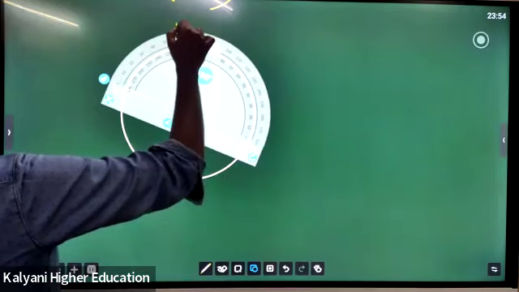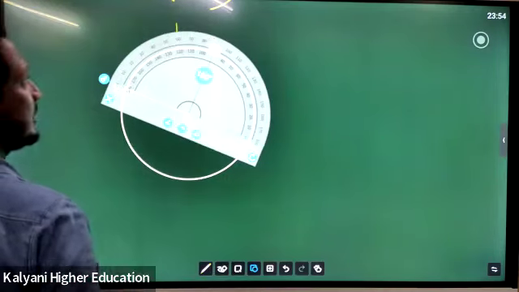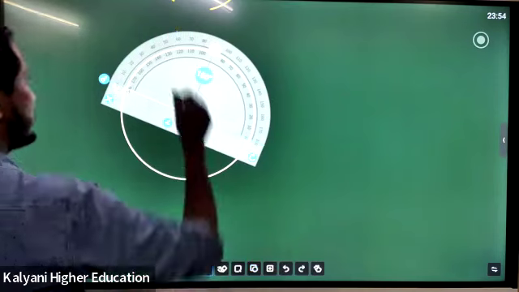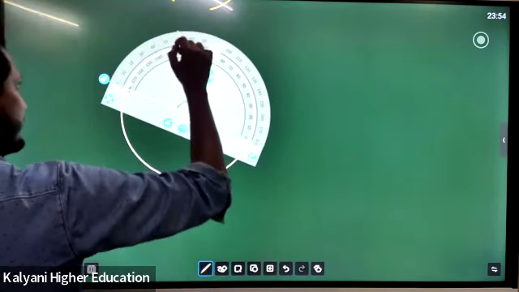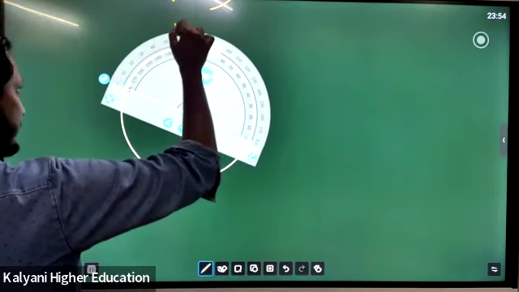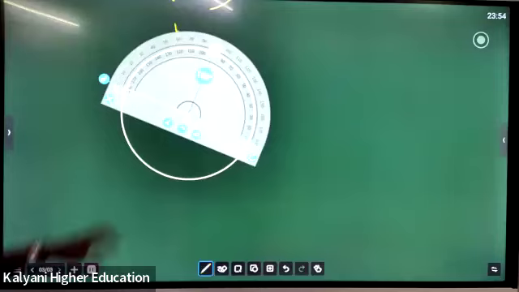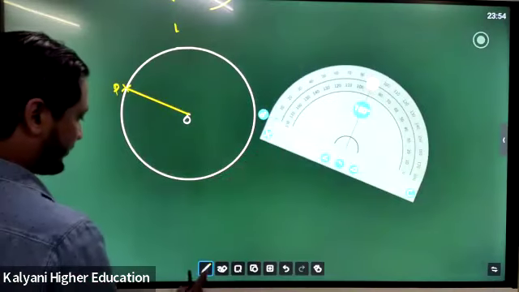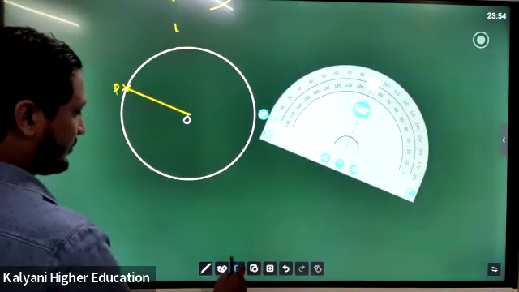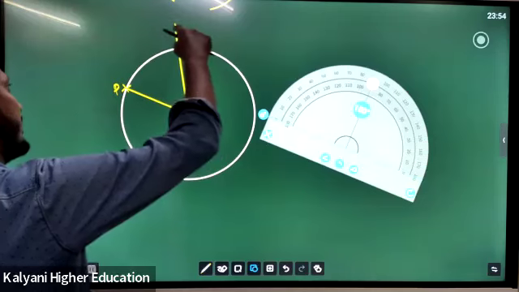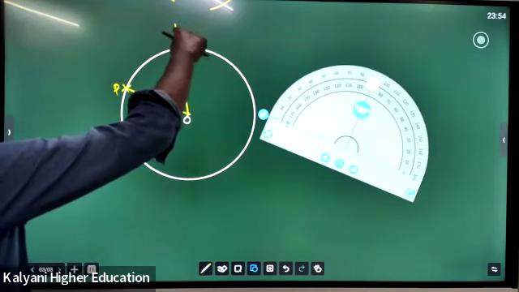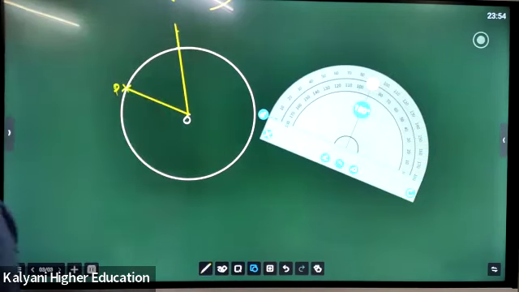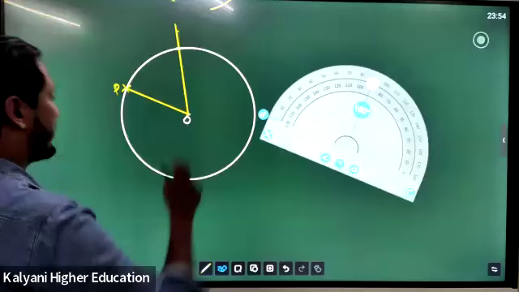Yes, this place. So what I should do is use the ruler and join the center O and the circumference point Q. Up to here, but you have to stop it here now, so I'll join it. After that, you can use the eraser and erase the extra part.